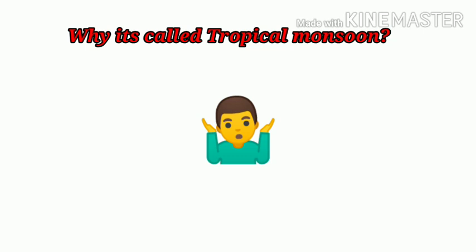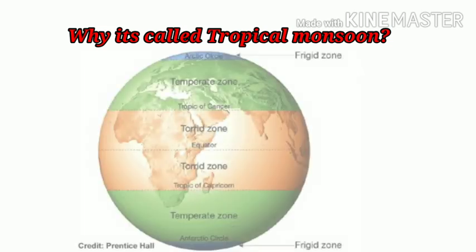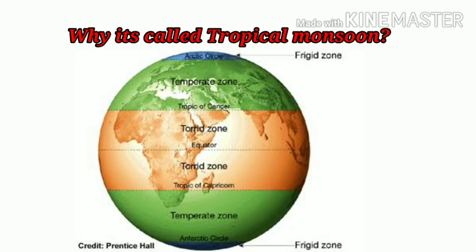Now you can see on your screen that there is an earth which is divided by the lines of latitude: Arctic, Tropic of Cancer, equator, Tropic of Capricorn, then Arctic Circle.